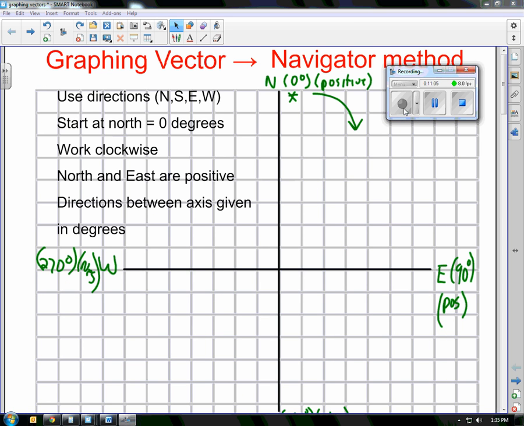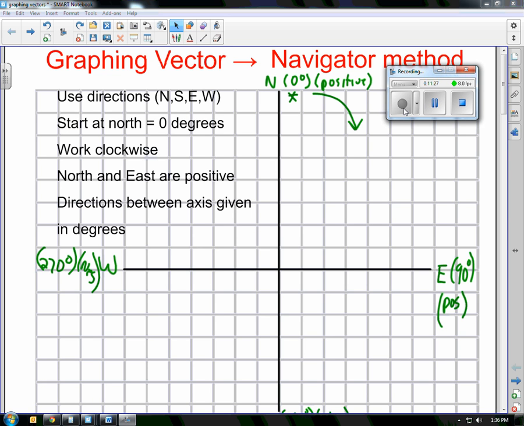All right, the other method that you can use is the navigator method, and this is just like your compass work. There's really nothing extra special about this one. And here's the good news: when we do our physics problems, we just about always use the navigator method for velocities. So east and west, north and south.